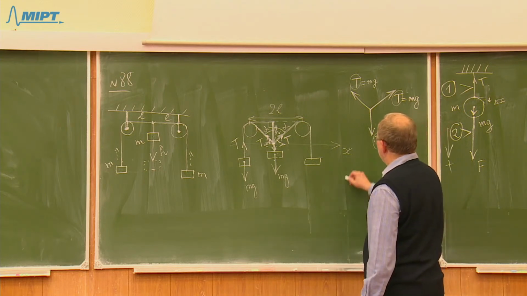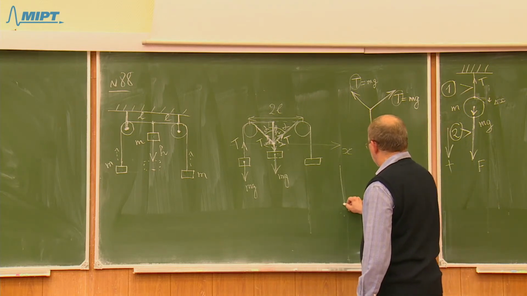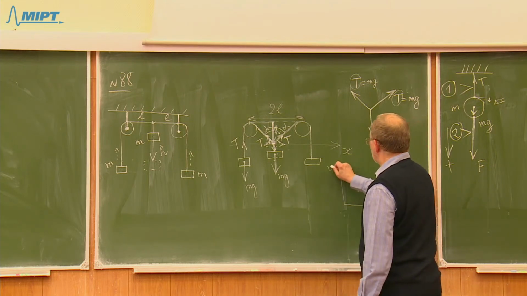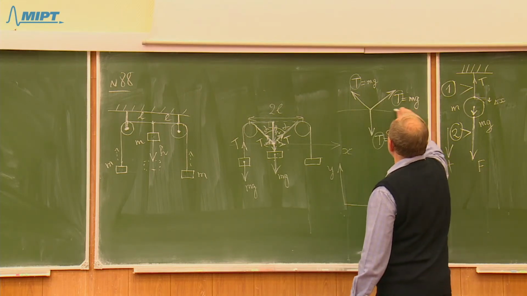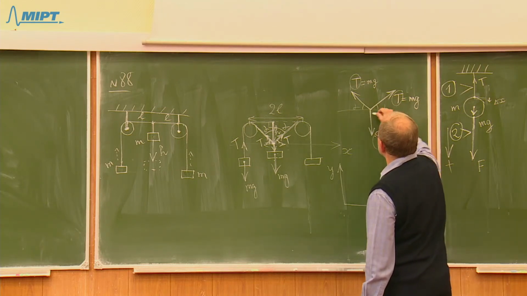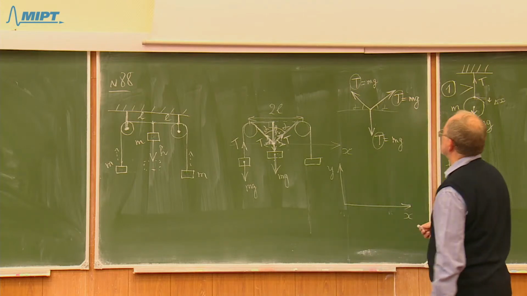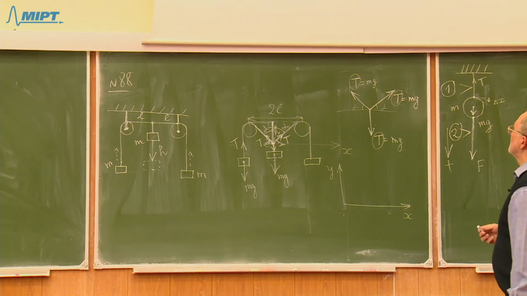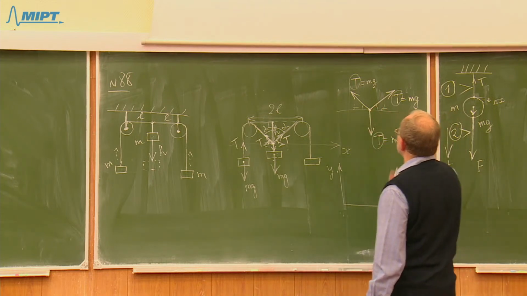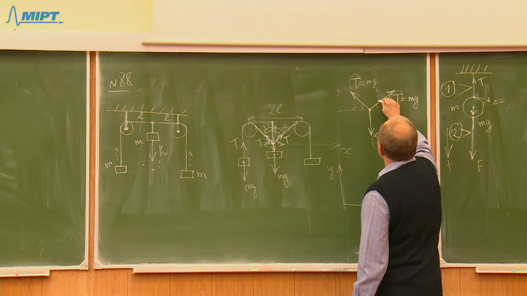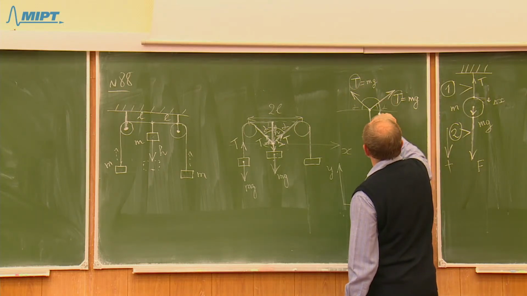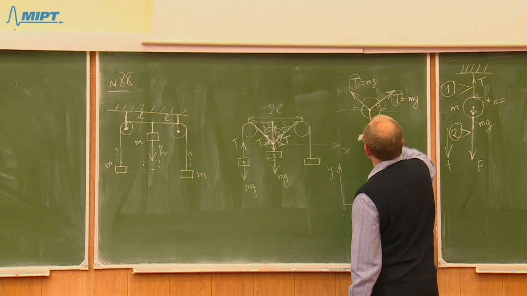We can certainly introduce a reference frame x, y, and we can consider projections of all these vectors. If this is alpha and this is alpha, we can consider projections of all these vectors. But from considerations of symmetry, it's clear that this angle must be equal to this angle and must be equal to this angle.